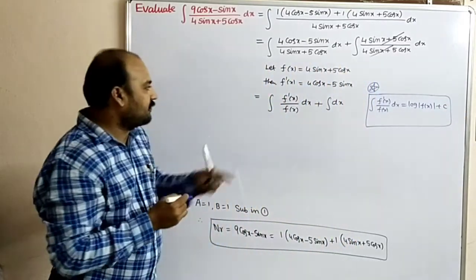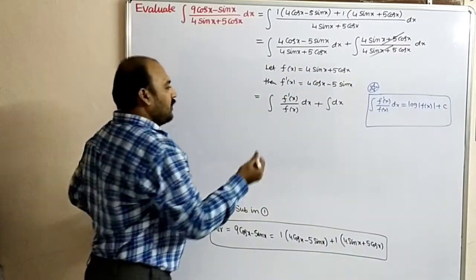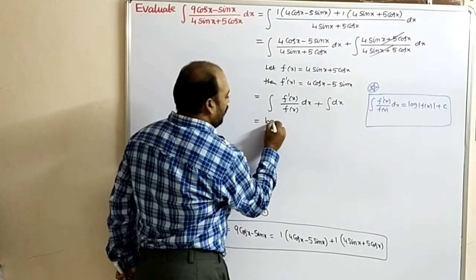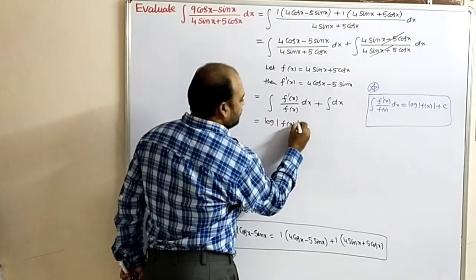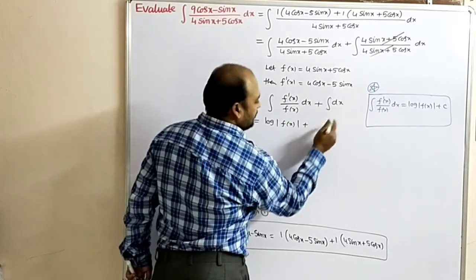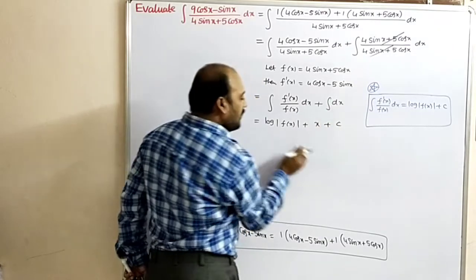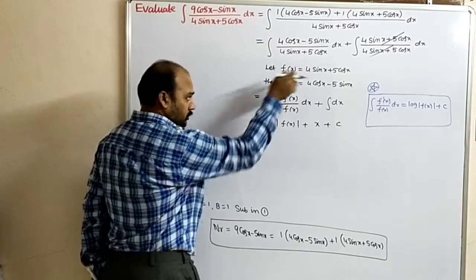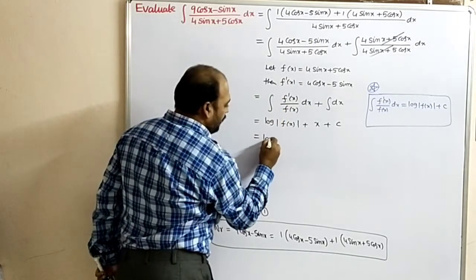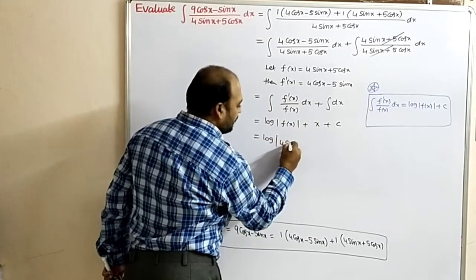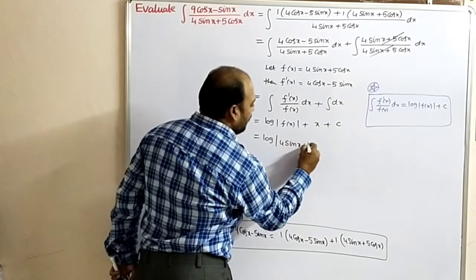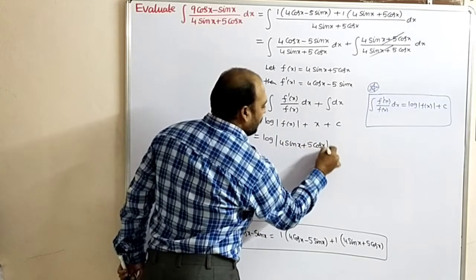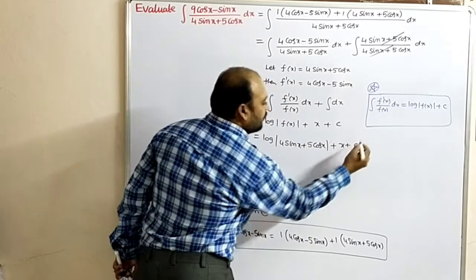So here in the first integral we are going to get log mod f of x, plus integral dx is x plus c. In place of f of x, whatever the value is there, you can substitute. So log mod 4 sin x plus 5 cos x plus x plus c.